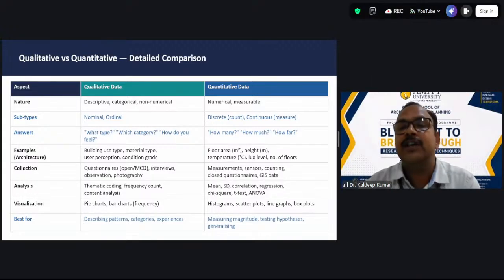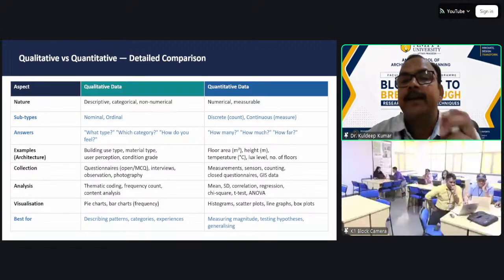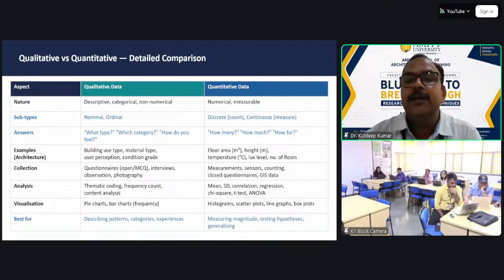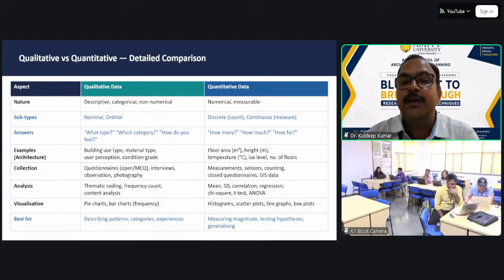So simply like that, now we can see the last one: qualitative data is best used for describing patterns, categories, and experiences, wherein quantitative data is best in measuring magnitude, testing hypotheses, and generalizing the findings across the population. And here, what I think is important to note is that the most credible research in our field uses both.